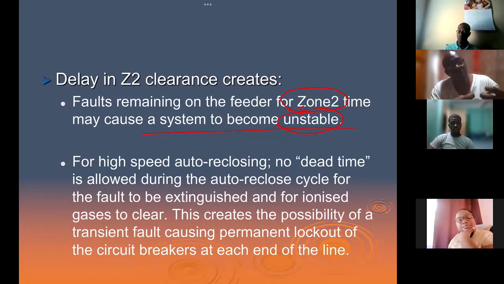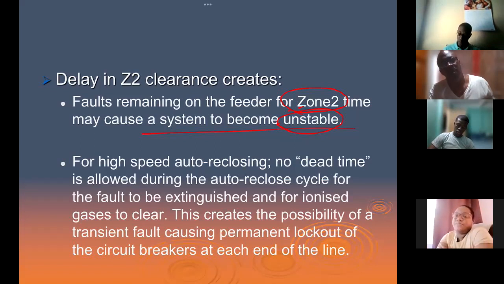However, because both ends did not open simultaneously, you may still have that arc on one end, and I'm stretching it here, while one end is clear. But then when you re-energize, it reconnects the system onto a fault.